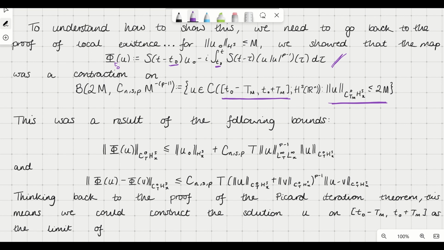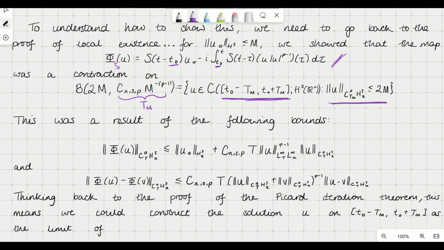And this interval was of width T_M, where T_M is a constant which is decaying in M, with some dependence on n, s and p that doesn't really matter because those constants are fixed in this theorem.